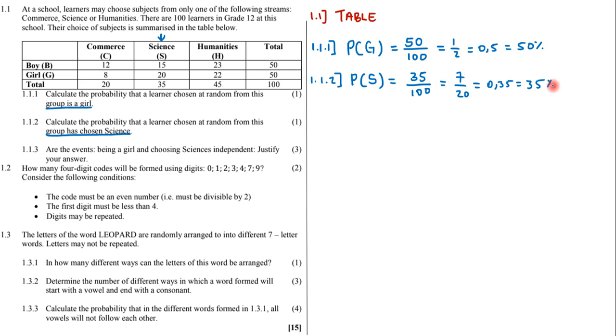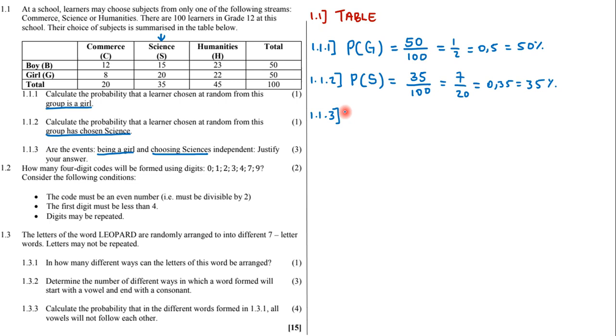Now let's go ahead and look into the final question of 1.1, 1.1.3. The question says: are the events being a girl and choosing science independent of each other? We need to justify our answer.